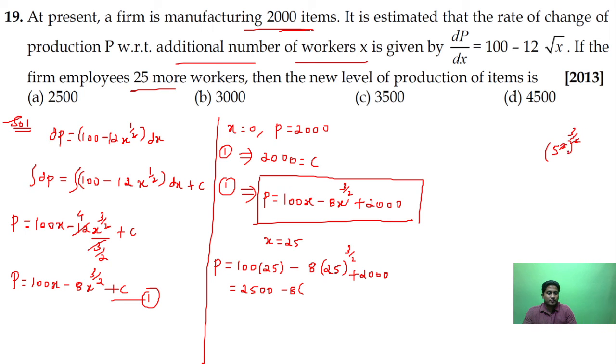This will cancel, 5 cube is 125, into 8, plus 2000. So this is 4500 if I add these two, minus 8 into 125 is equal to 1000. So that's equal to 3500. That's the answer, guys. Answer is option C.